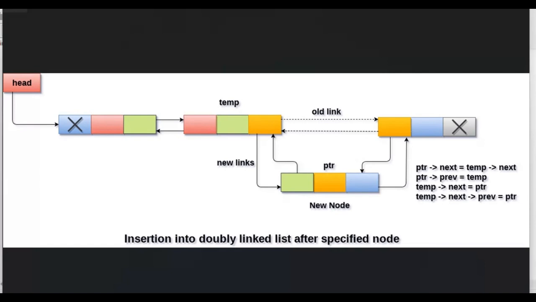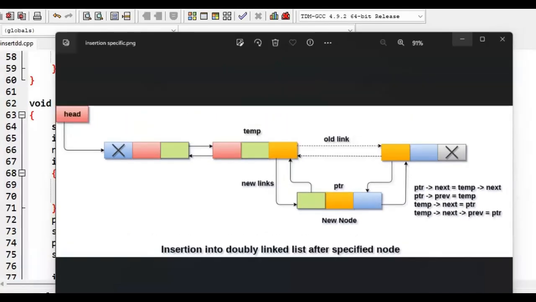So what we must do is add a ptr between these two. You must make a while loop, and you must move a temp variable till it reaches this value. I hope you understand.